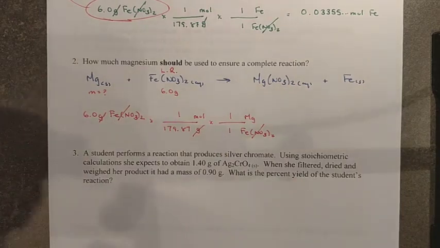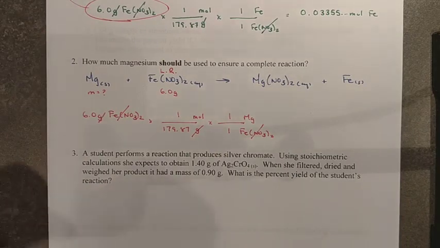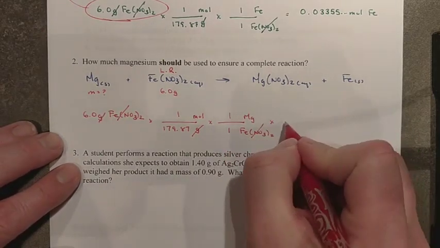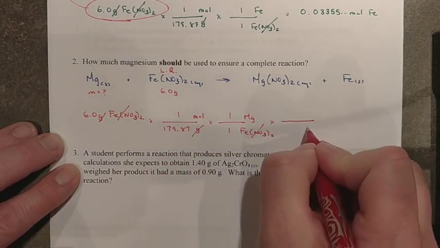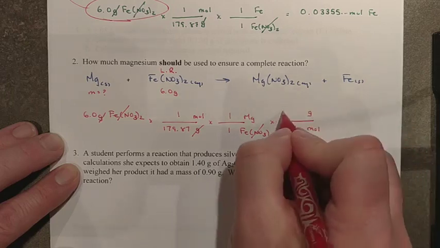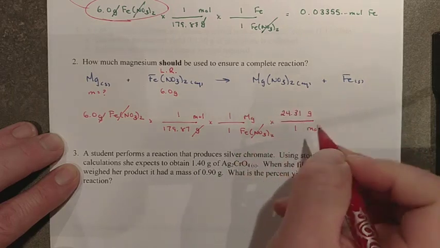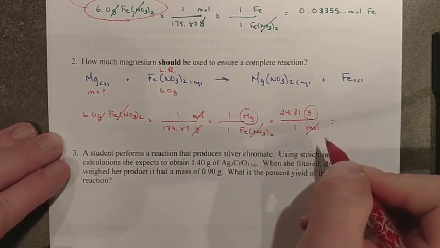Probably not looking for moles here, I'm looking for mass because I'm trying to figure out how much I realistically needed, and so I should do one more step here and figure out the mass. Moles are still here in the numerator, they come down here, grams up top. 1 mole of magnesium is 24.31 grams on your periodic table, and now I have magnesium measured in grams.